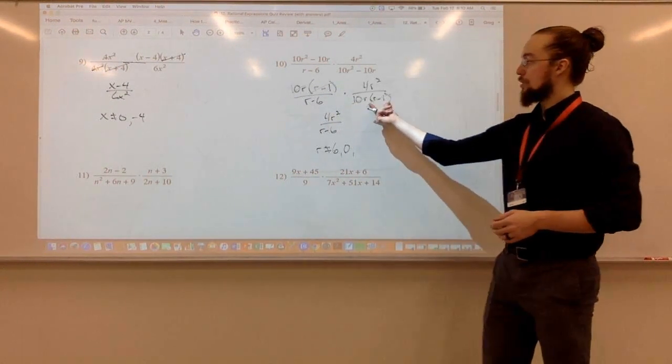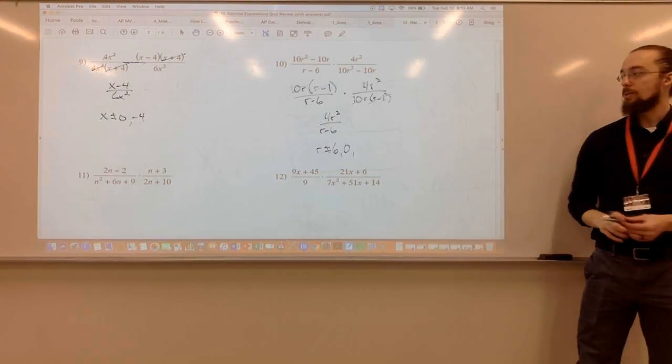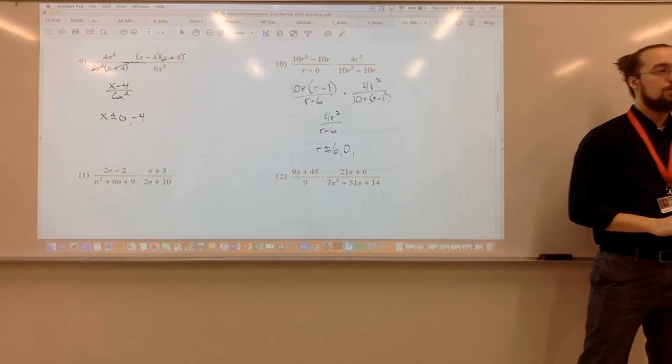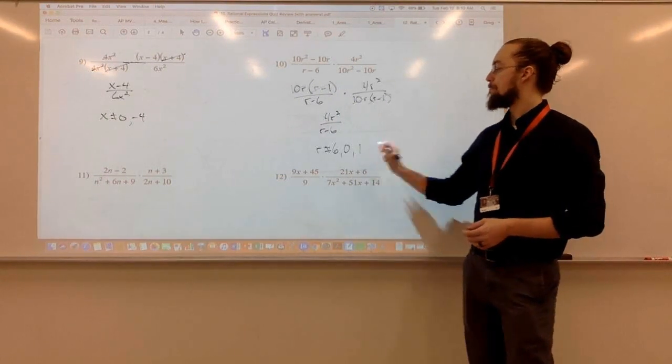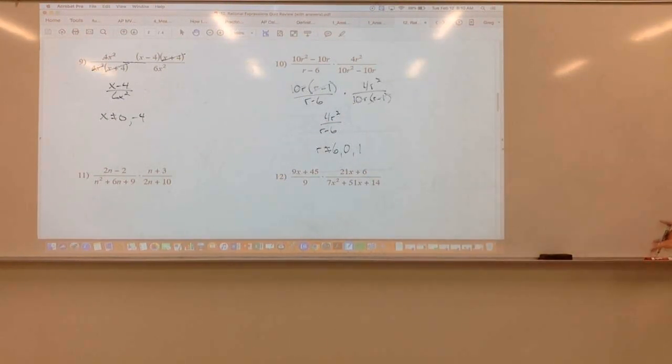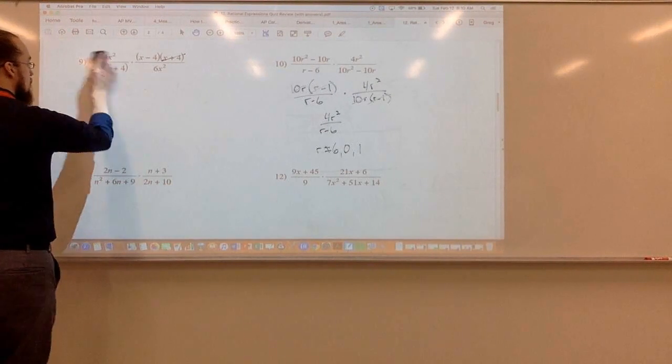And then my next factor is r minus 1. What value of r would make that equal to 0? Positive 1. All right, so in this case, we got 3 restrictions.